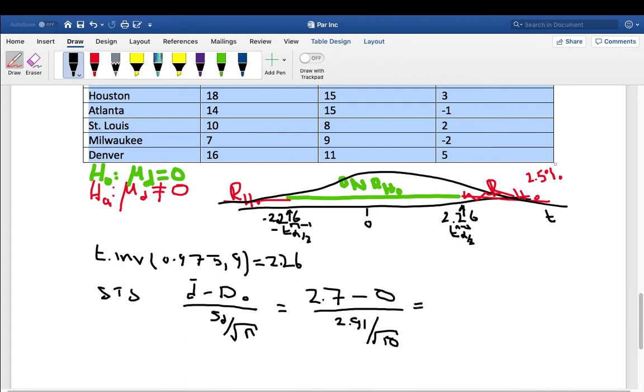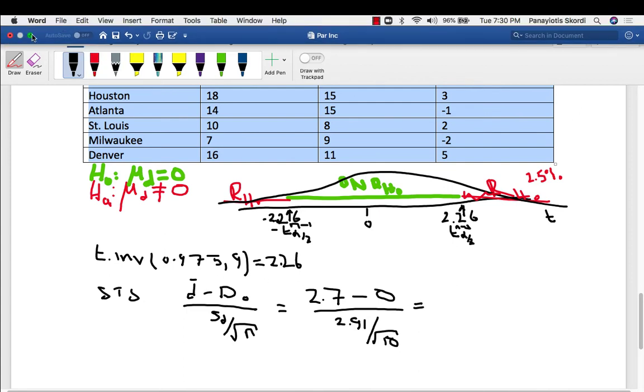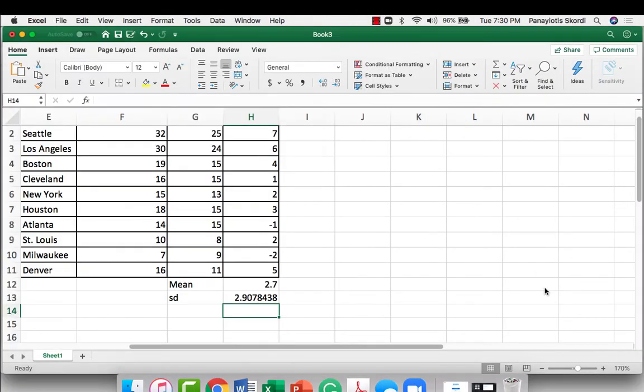Now what we can do is pop back over to Excel and get an accurate figure for that. We can actually do the calculation here. So we can put the test statistic, and what's that going to come to? The test statistic is going to be equal to 2.7 minus the mean difference, which was 0.